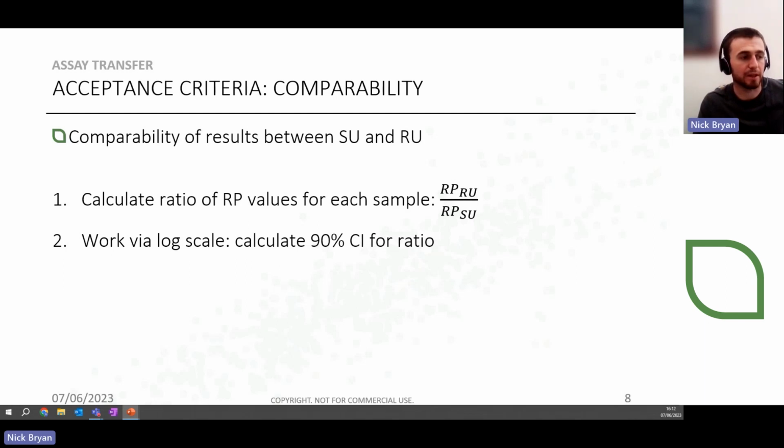And because we're looking at relative potency values and this ratio, we would be working on the log scale. So we'd actually have the log of these ratios here and the 90% CI for that ratio on the log scale.